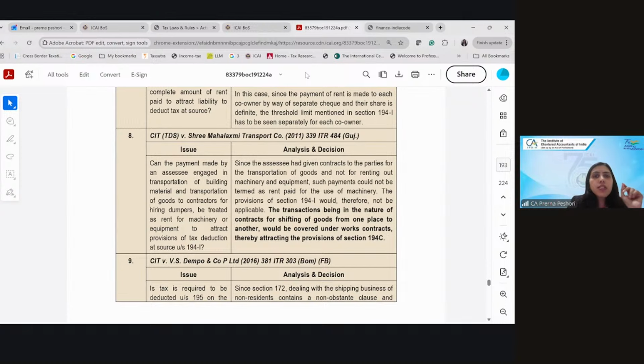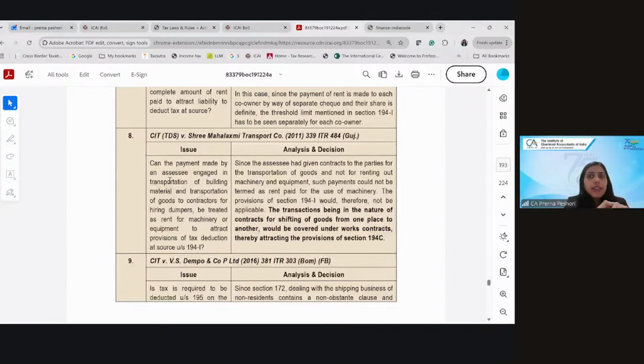The next case which is there now is in connection with the Gujarat High Court decision of Sri Mahalakshmi Transport Company. The question was whether payment made by a transporter to the contractors for hiring the dumpers is rent for the machinery, or whether the 194C work contract will apply.